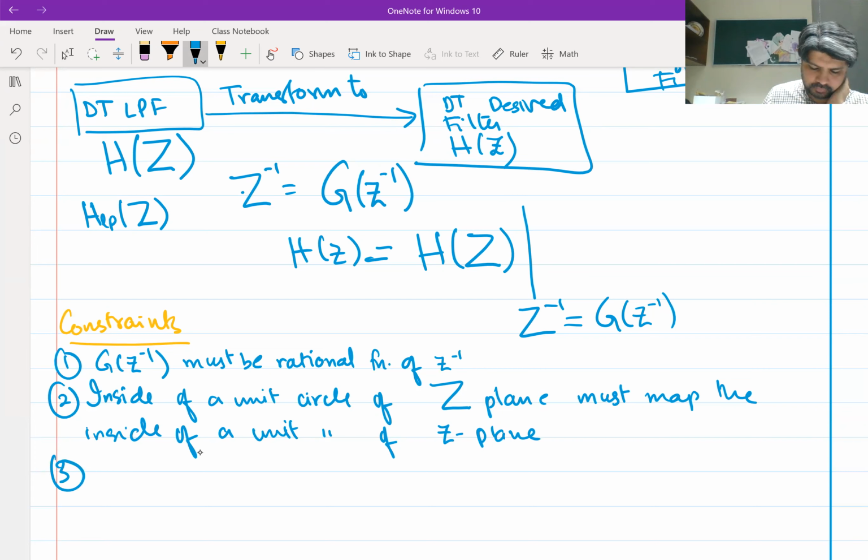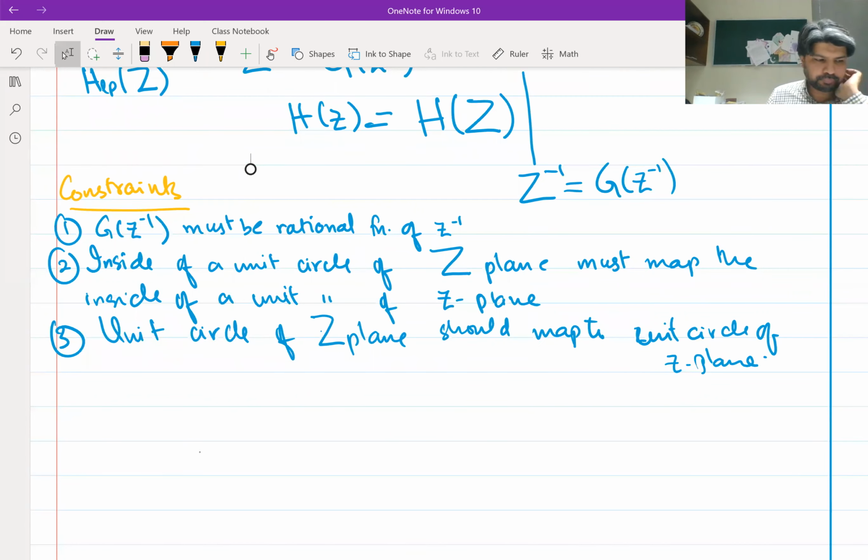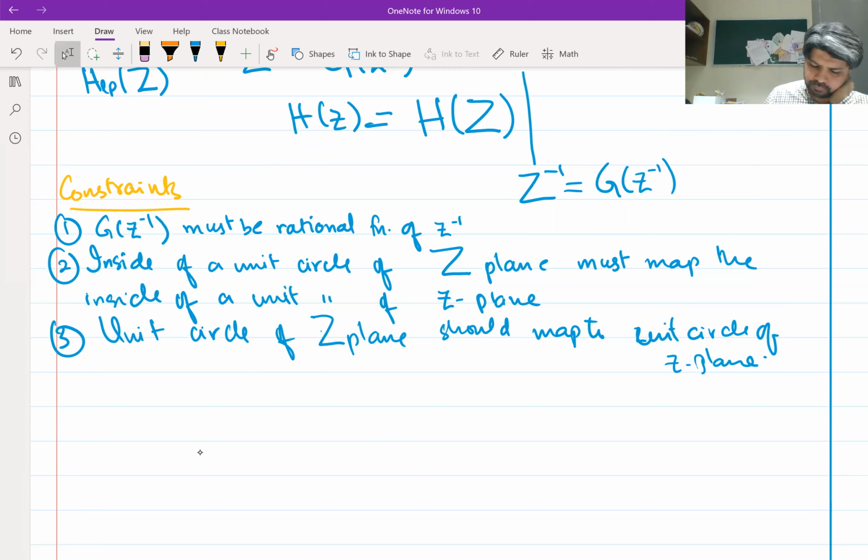And the third is that the unit circle of the Z plane must be mapped to the unit circle of the small z plane. So these are the constraints. And the frequency of the capital Z plane would be kept as theta. Theta would be used as a frequency variable.